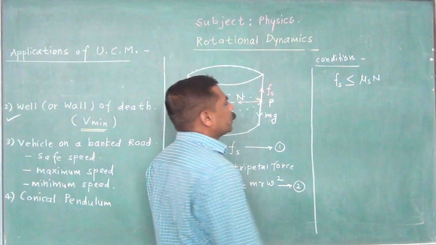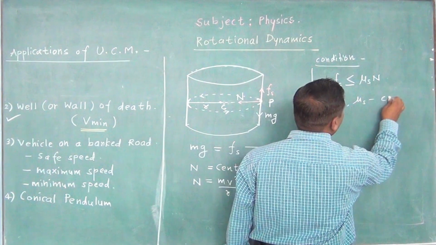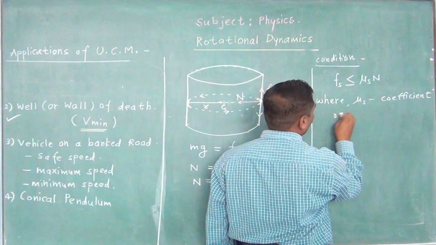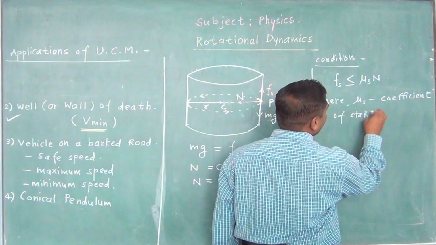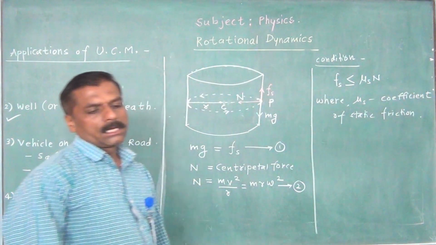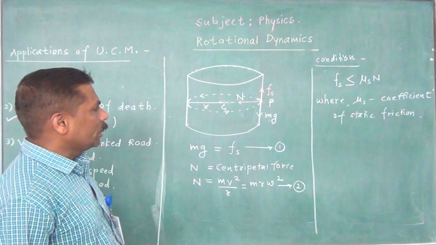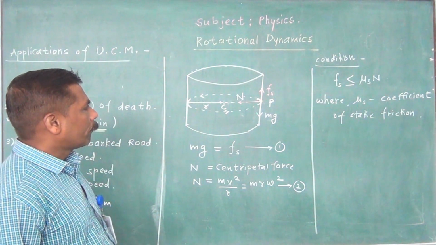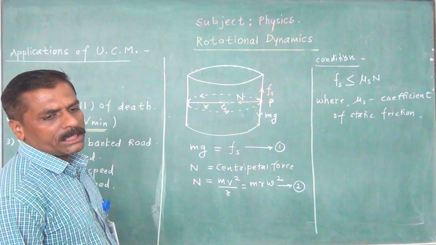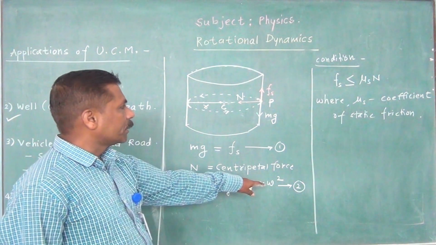Here we know this mu s is called the coefficient of static friction. Now we can put the values in equation 3: from equation 1, Fs is equal to mg, and similarly we can put the value of N from equation 2.